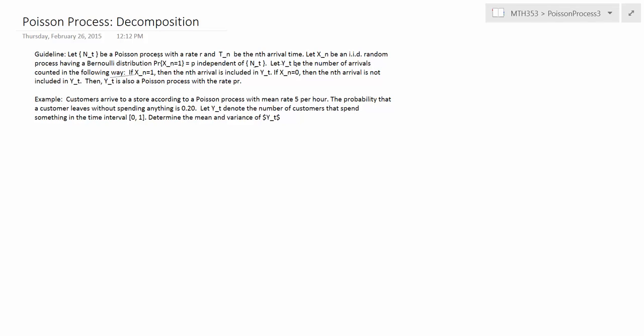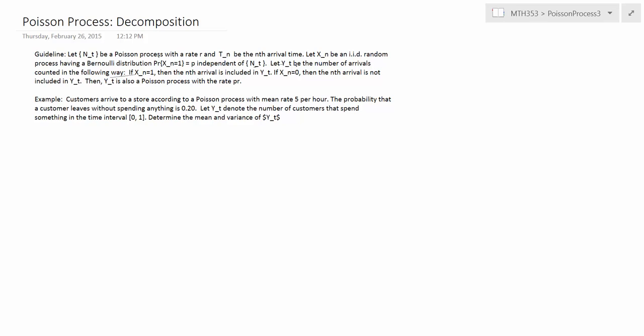Now, let Y(t) be the number of arrivals counted in the following way. If X_n is 1, then the nth arrival is included in Y(t). If X_n is 0, then the nth arrival is not included in Y(t).